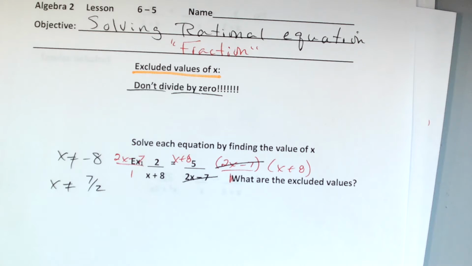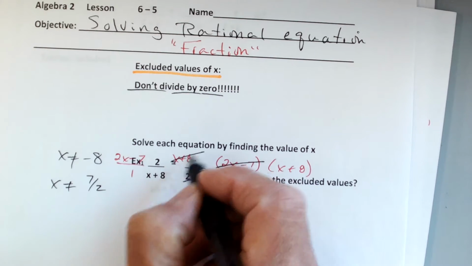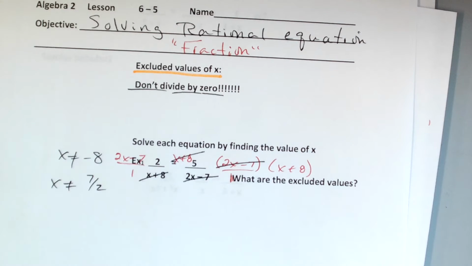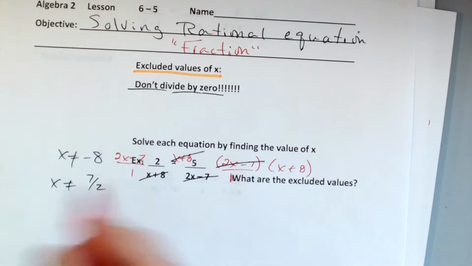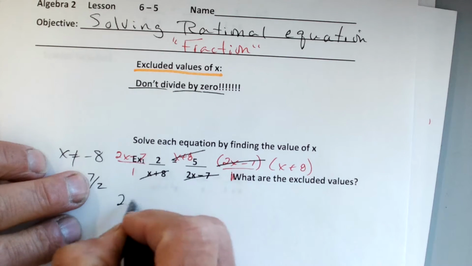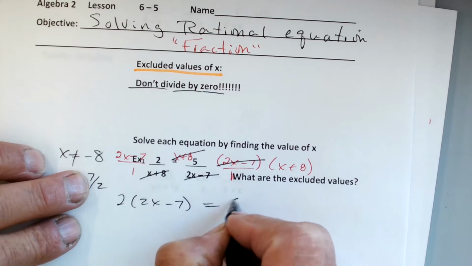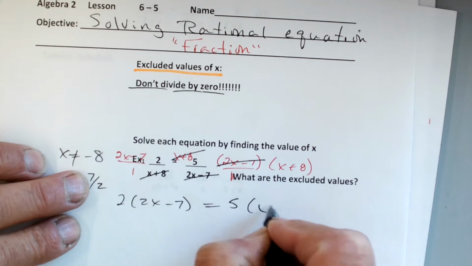Then it cancels the x plus 8 over here. And what am I left with? Well, I'm left with 2 times 2x minus 7 equal to 5 times x plus 8.